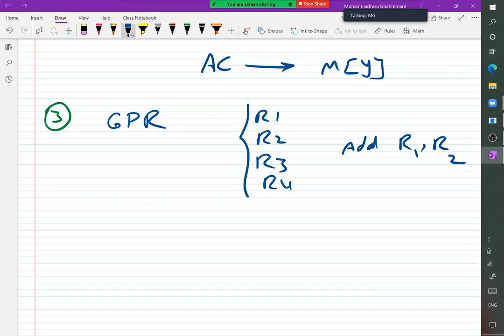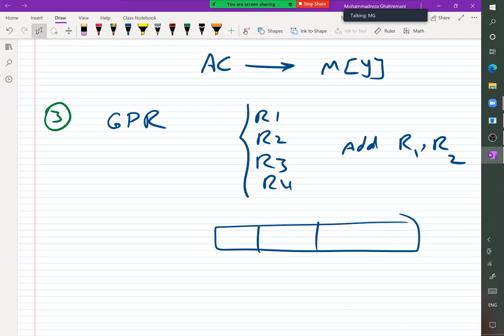It's faster, more efficient, and we can have longer instructions, because we can have more operands inside our instruction. For example, the opcode, and we can have operand 1, operand 2, and operand 3.